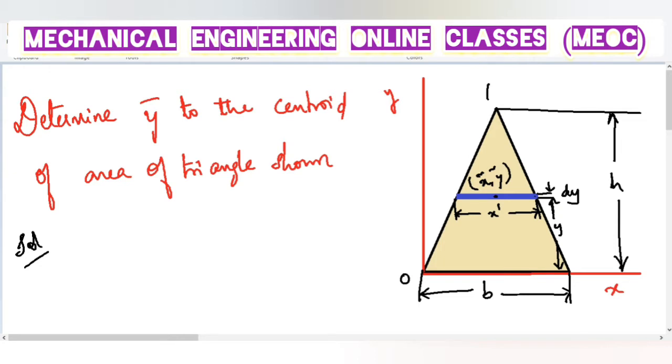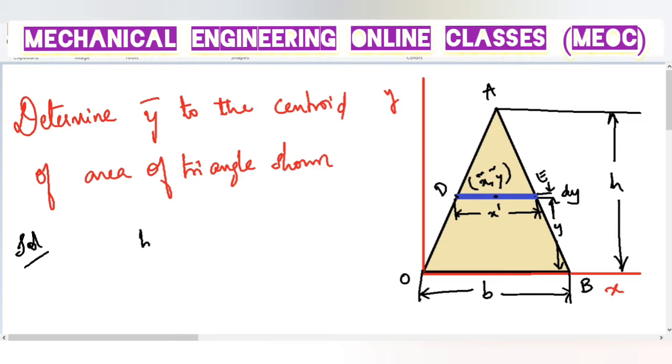So let us name these points. The triangle is OAB and the strip is intersecting OA at D and AB at E. If we clearly notice, because DE is taken parallel to the x axis, the triangles ADE and AOB are similar.